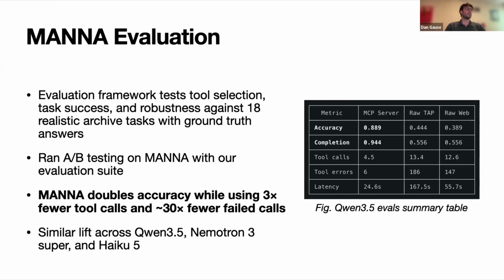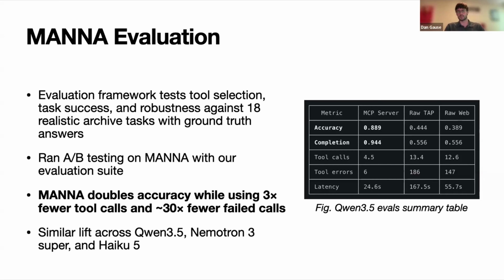In general, I ran this on Qwen 3.5, the large language model. And I saw about 3 times fewer tool calls, double the overall accuracy for this subset of archive task tests, and quite a few fewer failed calls.